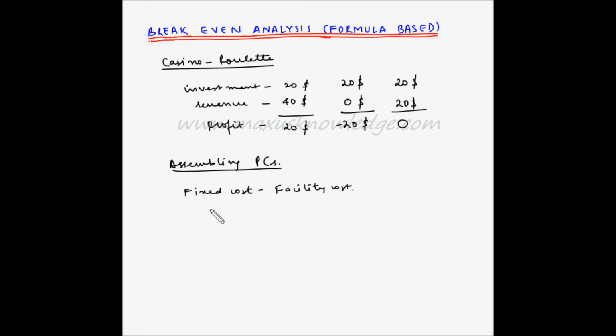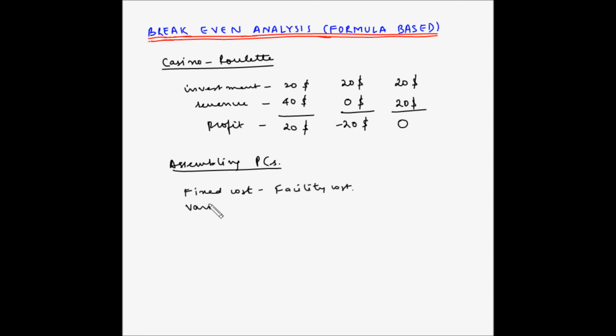However, if you want to assemble 100 PCs per week, then you will have to hire more people and also buy more raw material. So this type of cost, which is dependent on the volume of the final product that you are producing, is known as the variable cost. That means it varies with the volume.